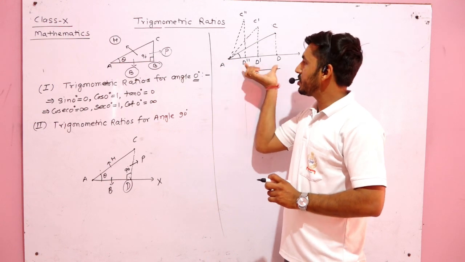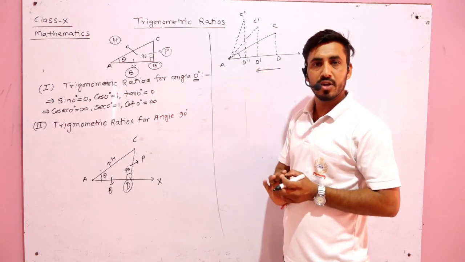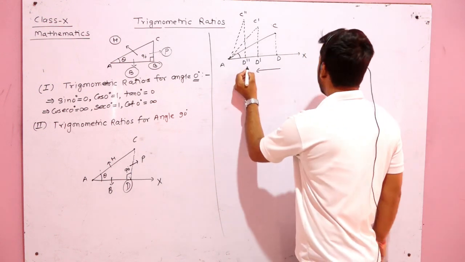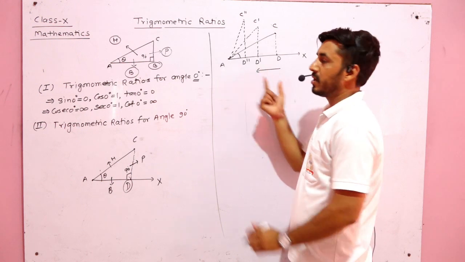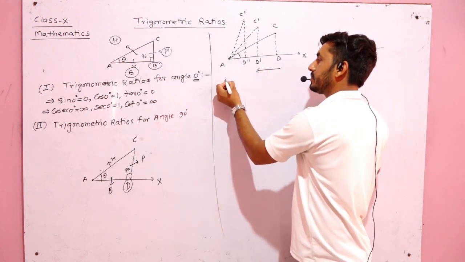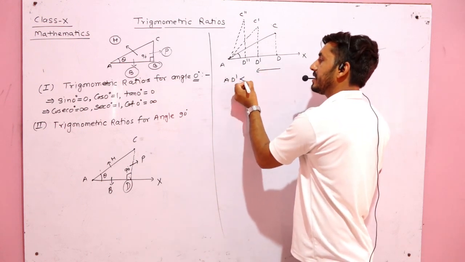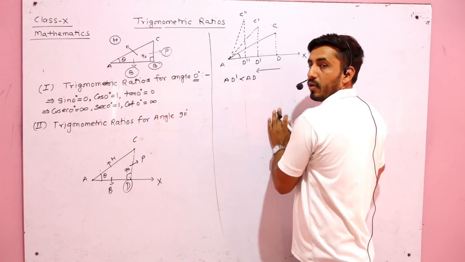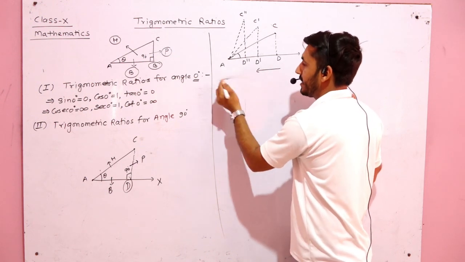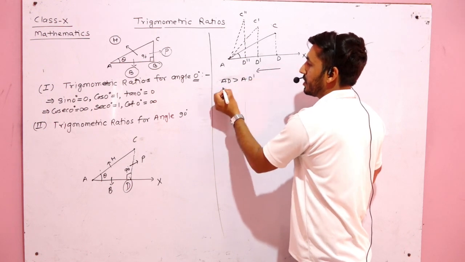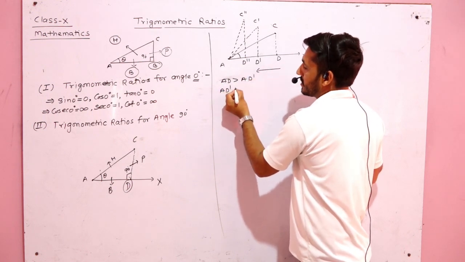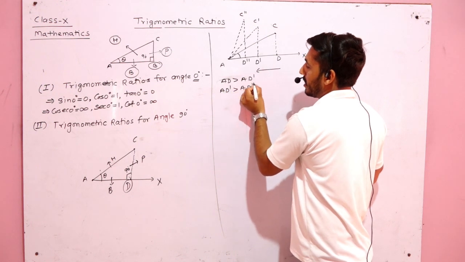It means this distance is decreasing continuously. Then again this distance is less than this distance. First we can write AD dash is less than AD, or in the second condition we can write AD is greater than AD dash. In third condition AD dash is greater than AD double dash.